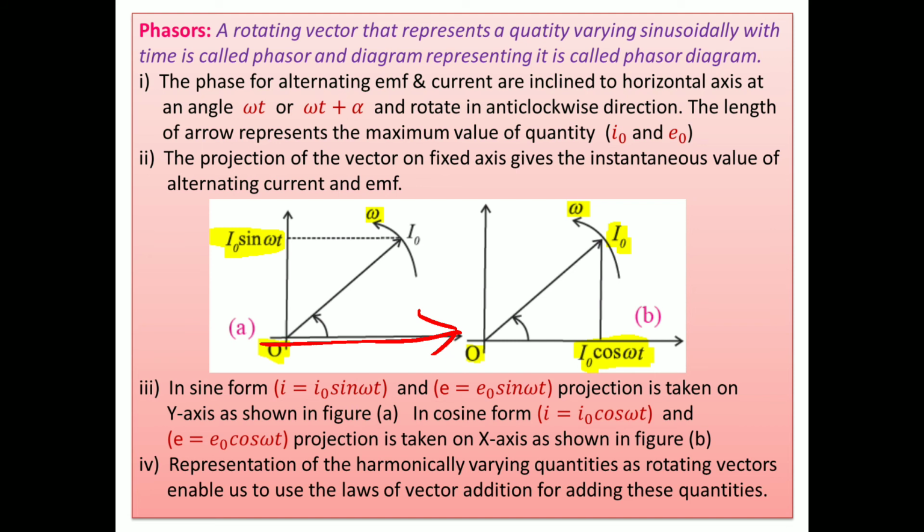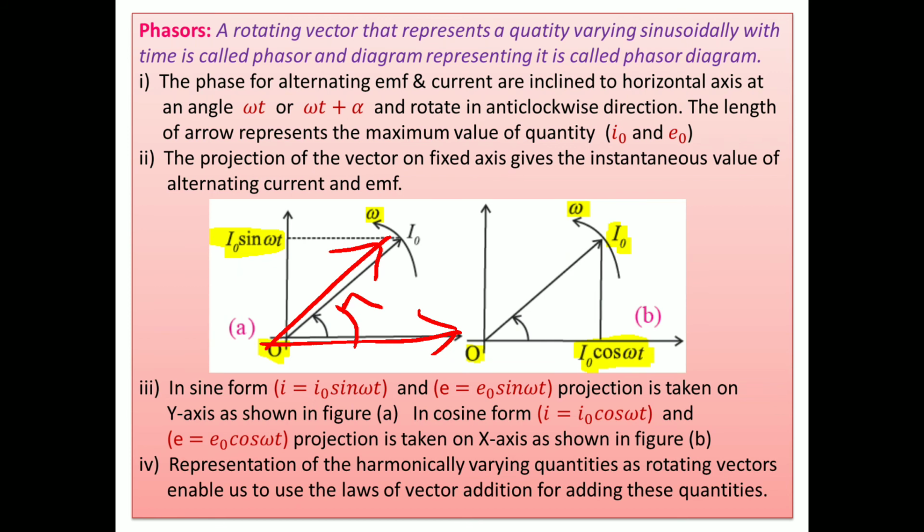This means the phase is omega t or omega t plus alpha. Then we rotate it in the anti-clockwise direction, and thereafter take the arrow. This arrow represents the EMF or current, simply.